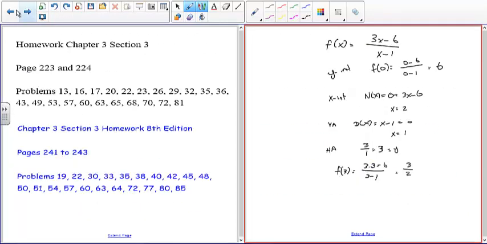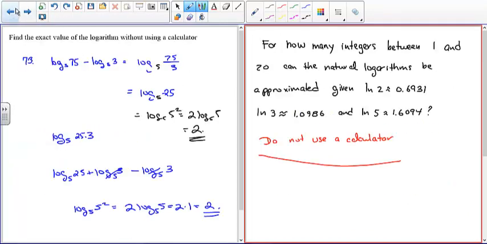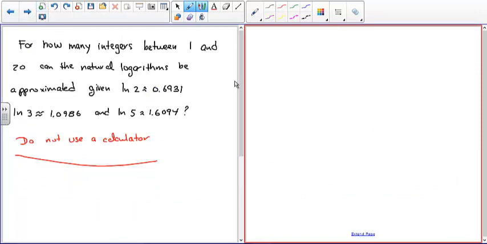Okay, I think this is the last example in this section. How many integers between 1 and 20 can be approximated by using these 3 known natural logs? So, obviously we know what the natural log of 2 is, because we're given that.